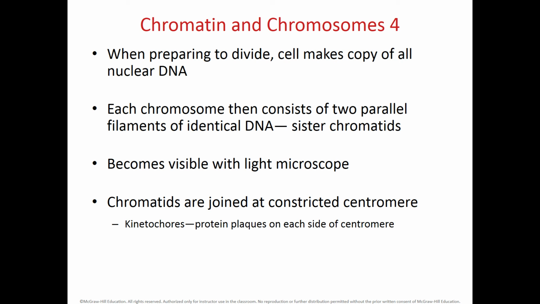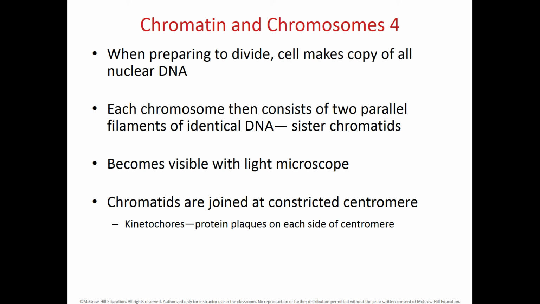And as you're doing this, you are separating the duplicated DNA into their corresponding chromosomes. Then, as the cells are preparing to divide, the DNA condenses and forms visible chromosomes that can be seen under a light microscope. And then the sister chromatids join together at the middle of the chromosome, which is called the centromere.